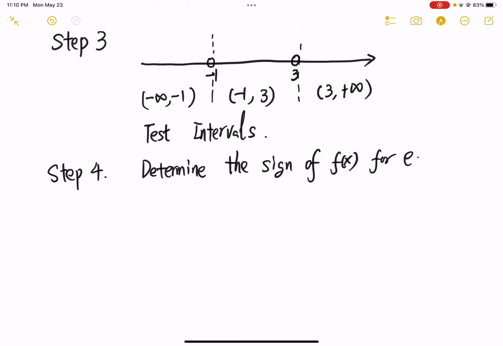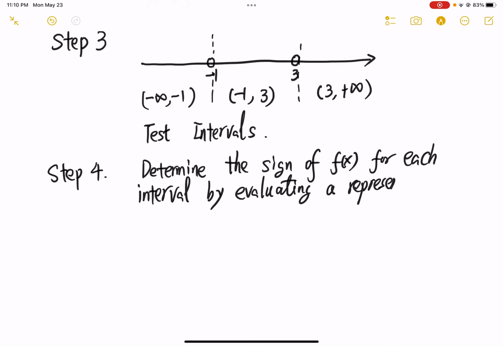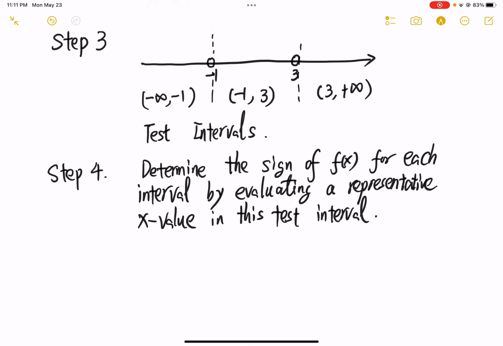For each test interval, we determine the sign by evaluating a representative x value in this test interval. So what does this mean?